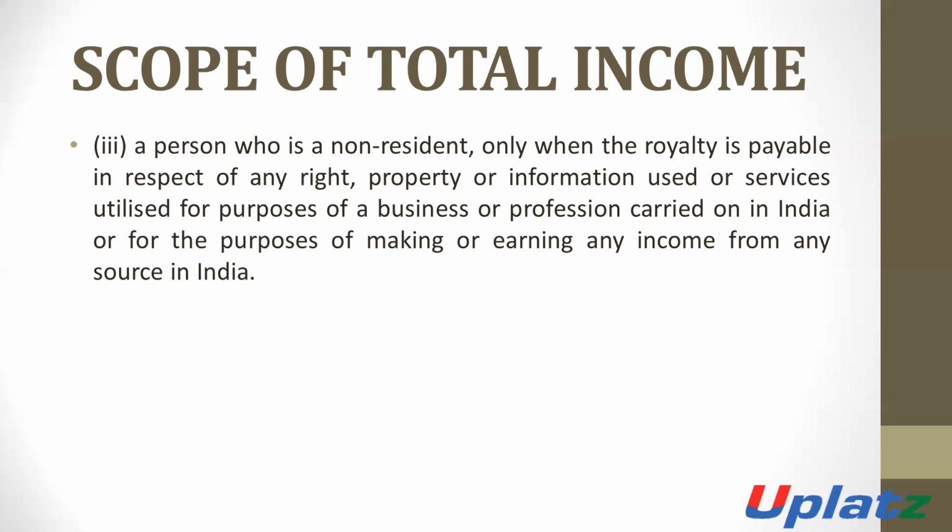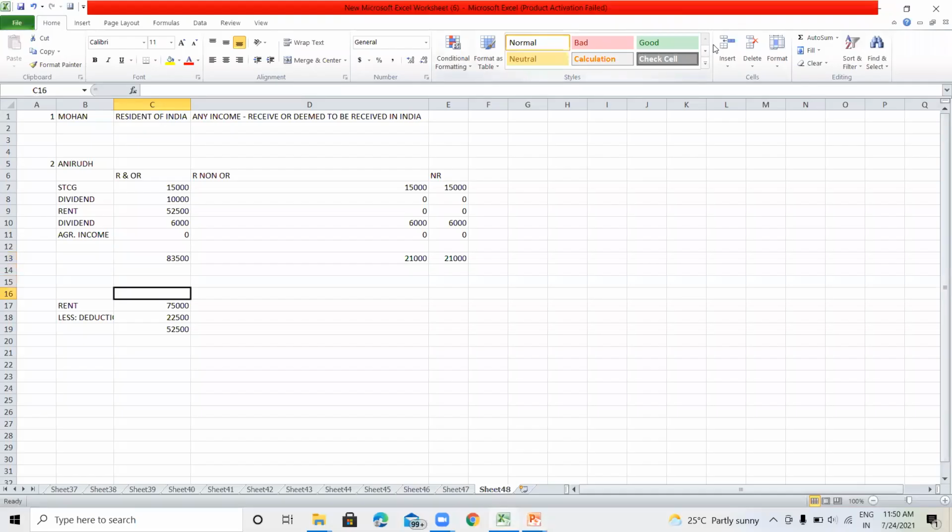For example, Mr. John is a non-resident of India, and he earned royalty income.